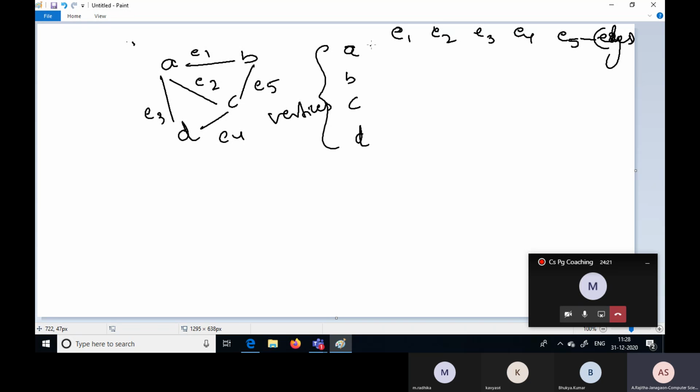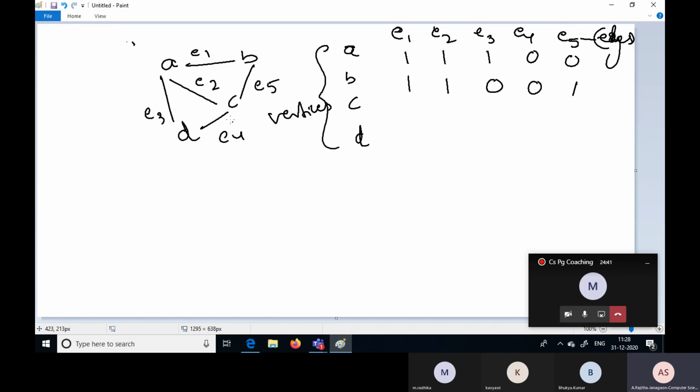Now A: from A, E1, E2, E3, that means 1, 1, 1, and the remaining E4 and E5 edges are not from A. Coming to B, E1, E2, E5, that means 1, 1, 0, 0, and 1 for E5.